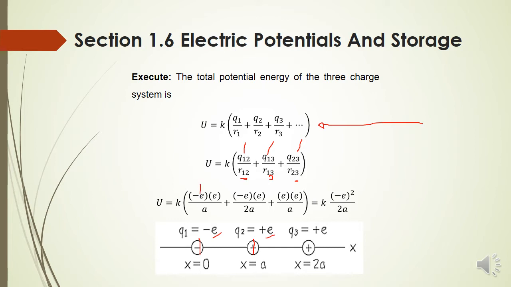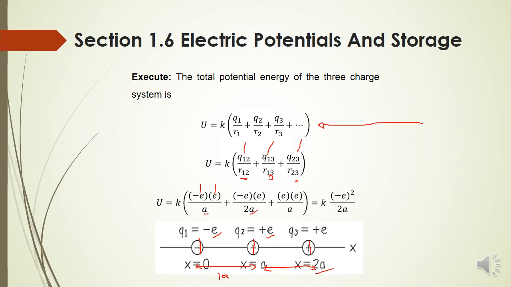So put that in here, and their distance R12 is equal to a, or 1a. That is why it is a. Next, Q13, it means charge 1 in relation to charge 3, and their distance is equal to 1a plus another 1a, which is equal to 2a.